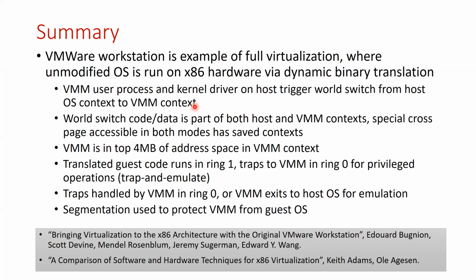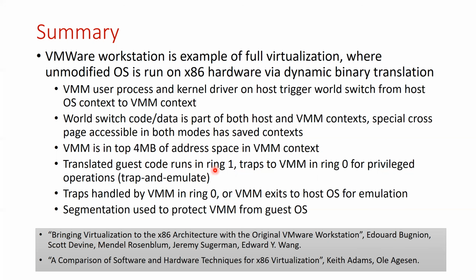So as a summary of what we've studied, we've seen how the VMM design in the paper we've seen today has a user part and a kernel driver, and both these together trigger a world switch into the VMM context. In the VMM context, the VMM code is running in the top 4 MB, and the guest OS code is translated to run in ring 1 and to trap to the VMM for any privileged operation.